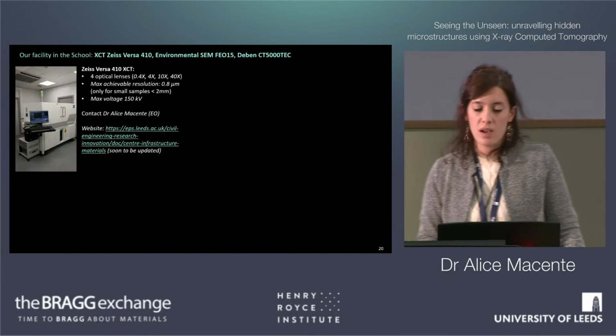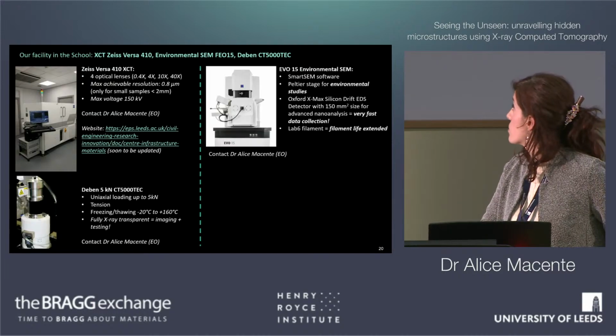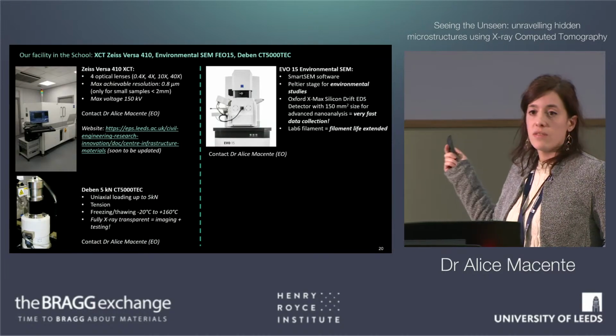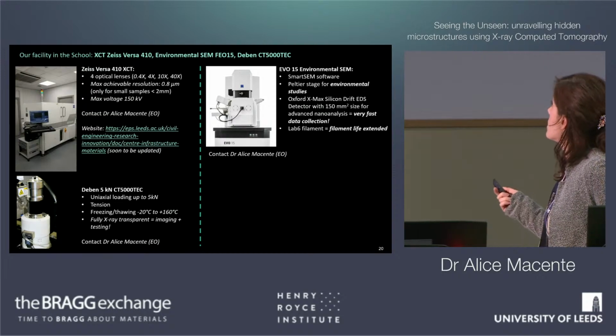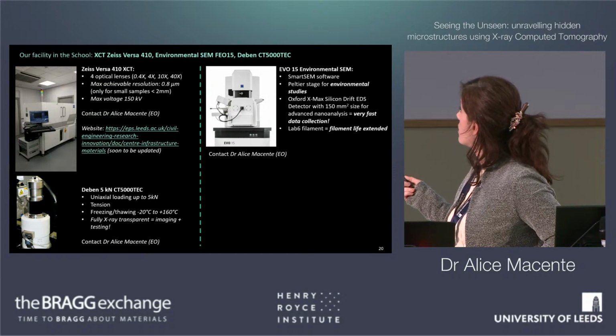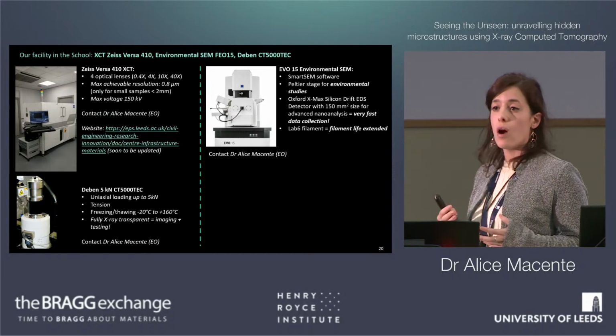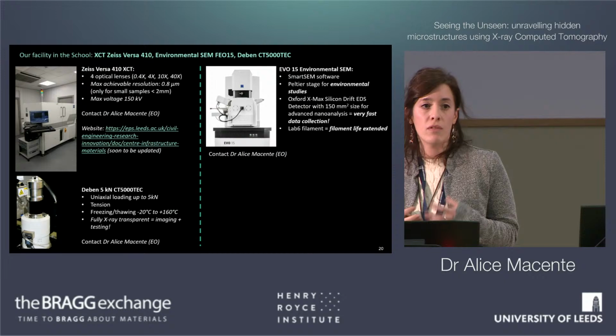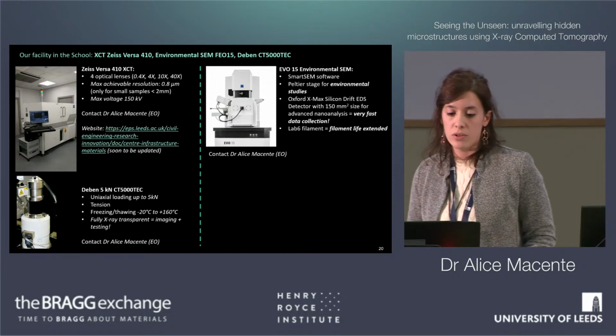And just a quick slide about the facility in our school. So we have a Zeiss Versa 410. What that means is that we can do normal tomography, but we can also do internal tomography because we have 4 optical lenses, so we can actually scan very small objects with high resolution.